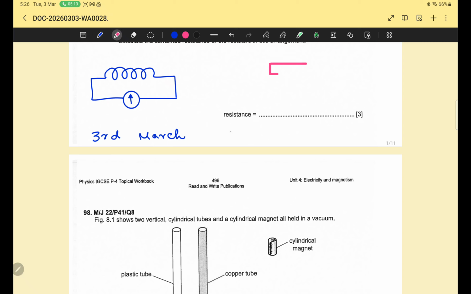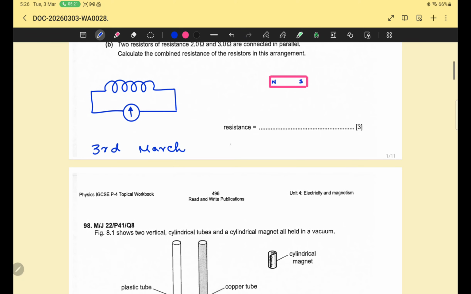Consider we have a bar magnet and the bar magnet is placed at a large distance from the coil. So the magnetic field lines produced by the magnet are not cutting the coil.